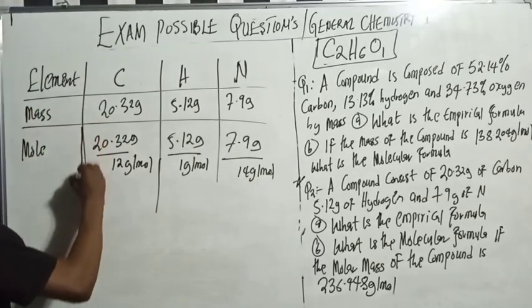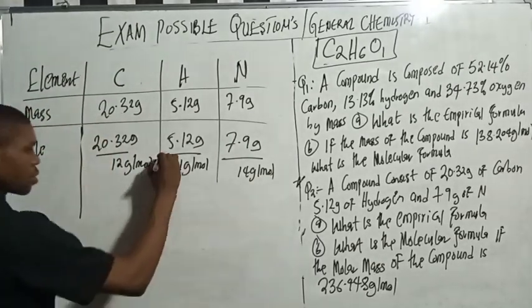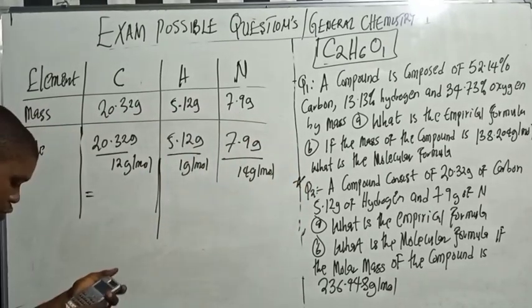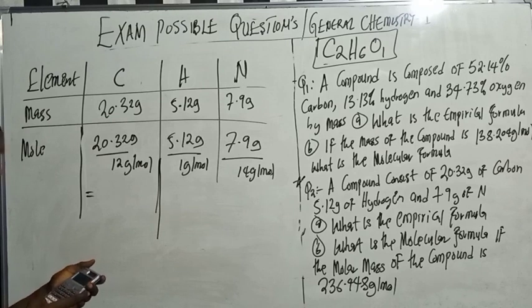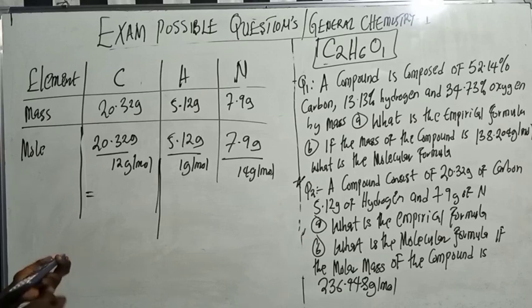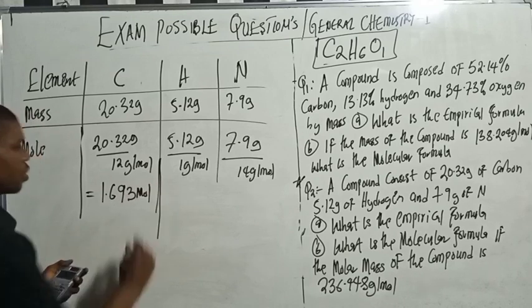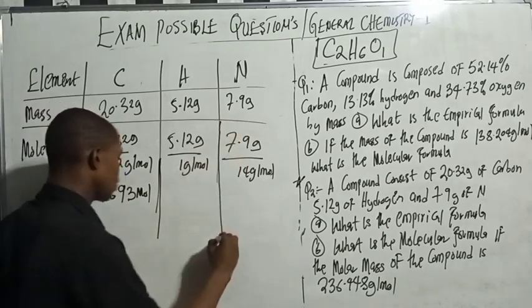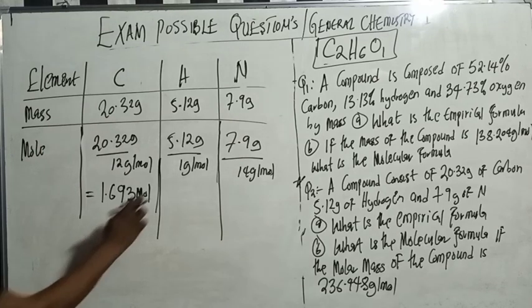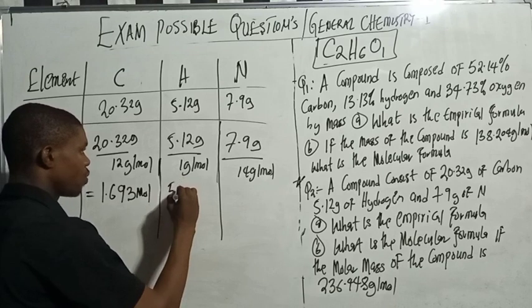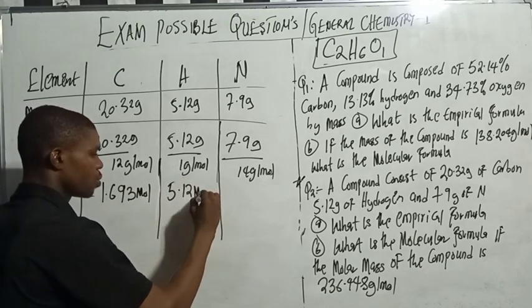So the next thing is to get your answer. Here I have 20.32 divided by 12, which gives 1.693 moles. Then you have 5.12 moles.